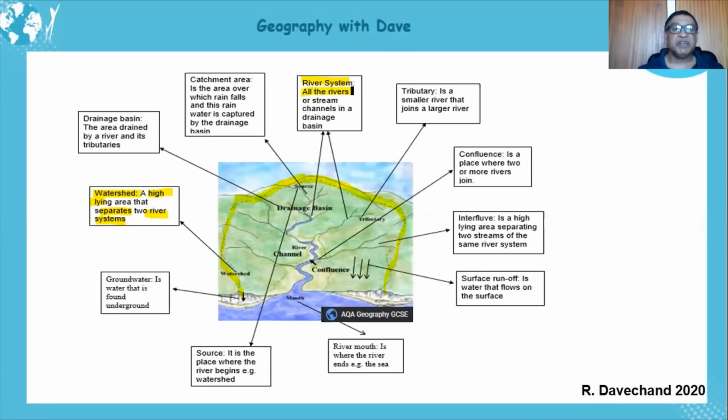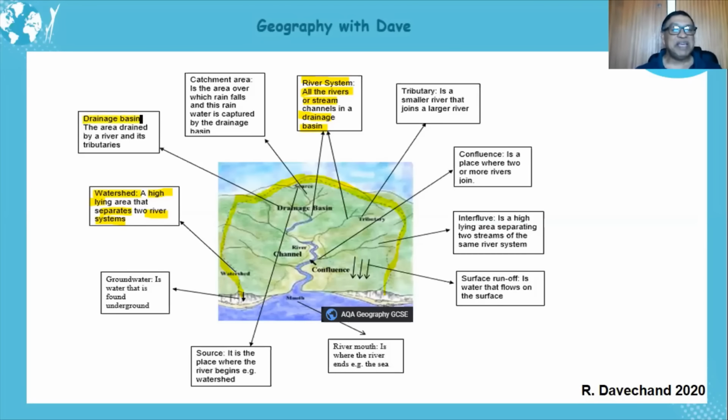It's all rivers or stream channels in a drainage basin. So all these channels that are found in the drainage basin is a river system. Okay? So it leads on to what is a drainage basin.